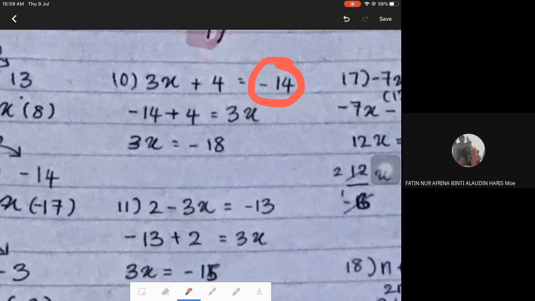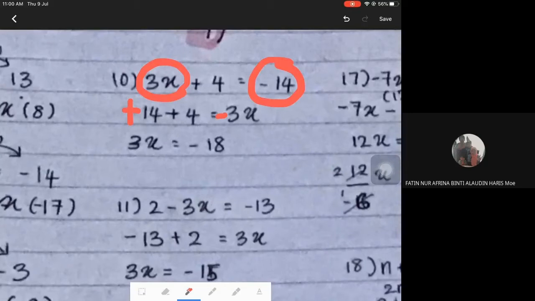So you have moved this. Kalau you nak move ke sini, sini patut jadi negatif lah. Sini patut jadi plus lah. Tapi jadi negatif. Pening kepala pula lagi.